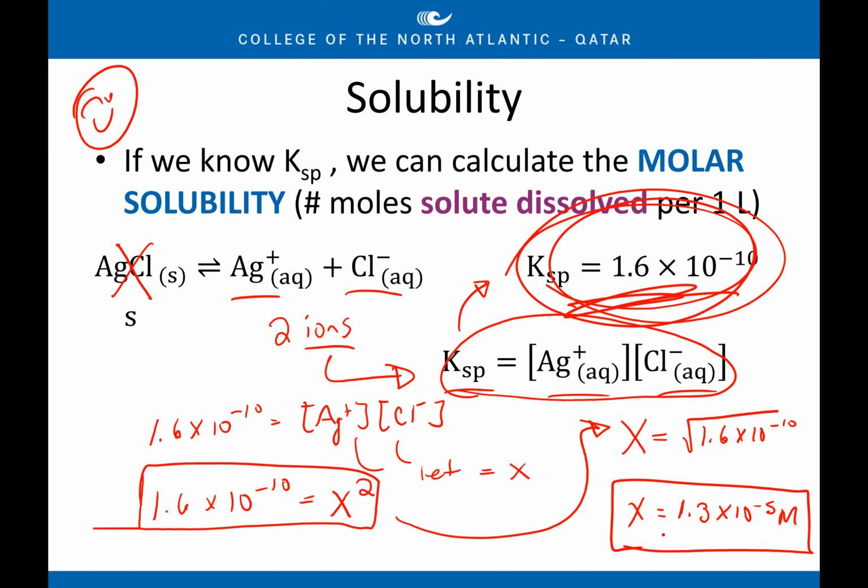And what this number means is that if I took silver chloride and put it into water, for every liter, you would get 1.3 times 10 to the negative 5 moles dissolved.